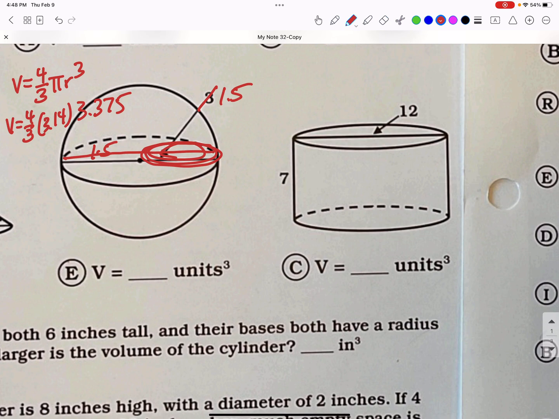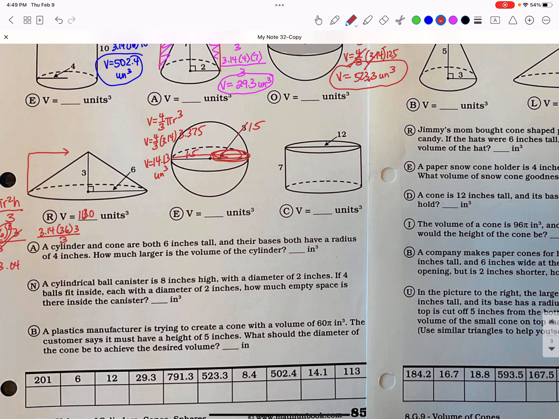Okay, 4 divided by 3 times 3.14 times 3.375 equals 14.13 units cubed. And if I look down here, I see 14.1. Yep, 14.1.